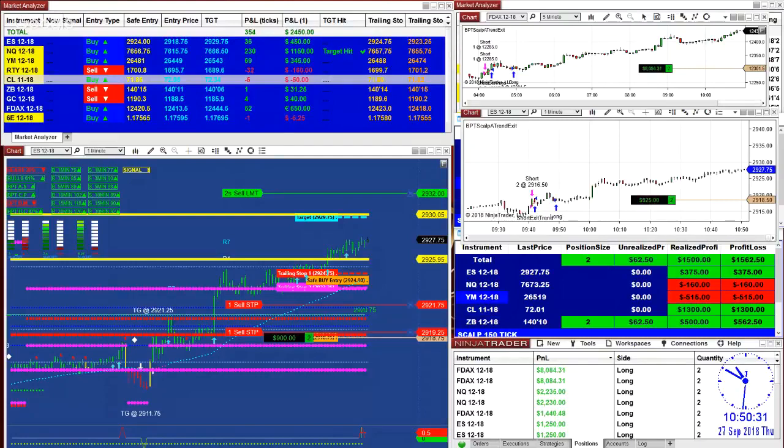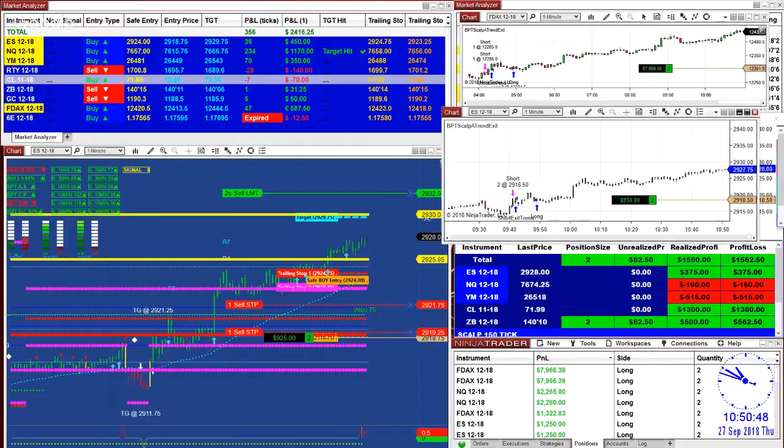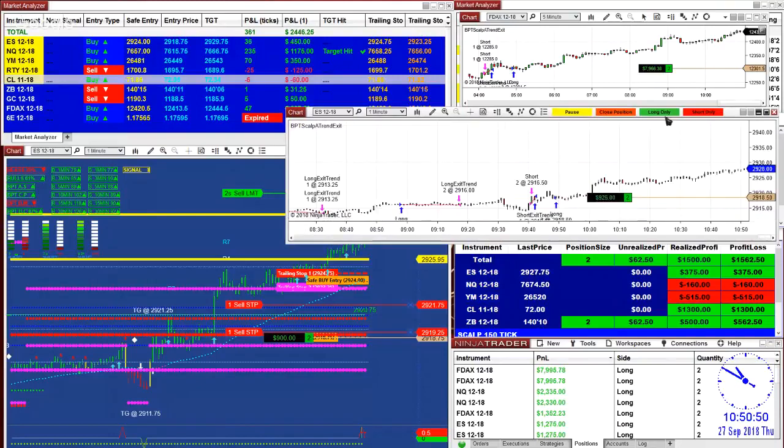David, let's see. How do you stop a long on an auto? Okay, very fair enough. David, if you are using the scalper or you are using the swing trading, all of them have a button on the top.